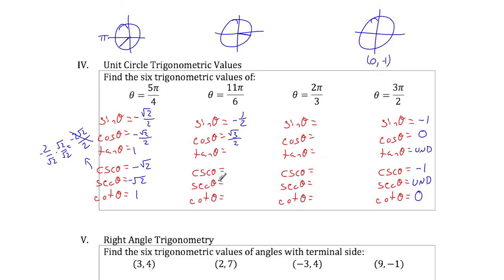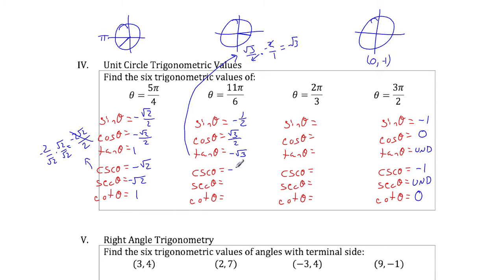Tangent is going to be y over x. So that's y, negative 1/2, divided by x, root 3 over 2, times the reciprocal. So we actually get negative square root of 3 for the tangent.